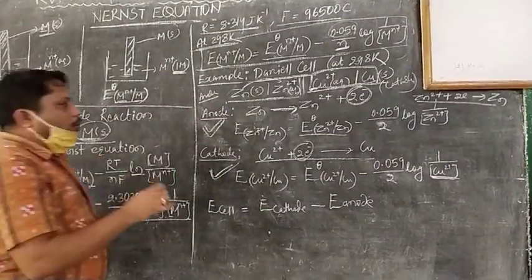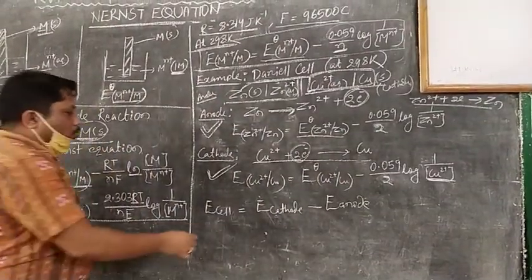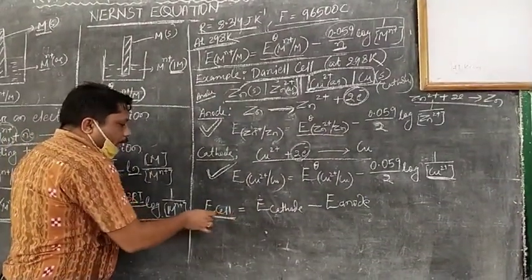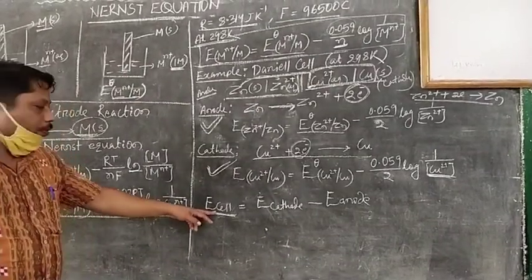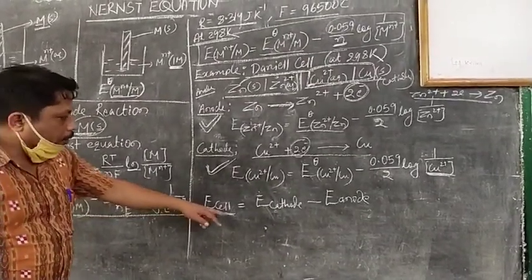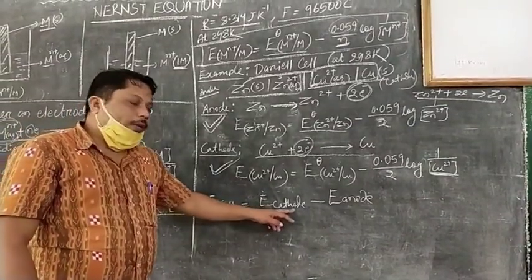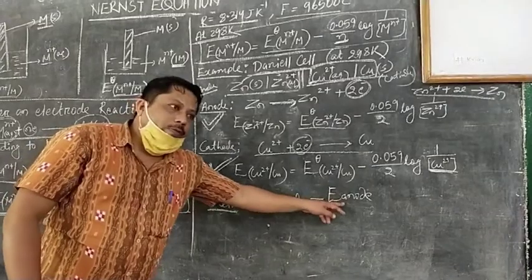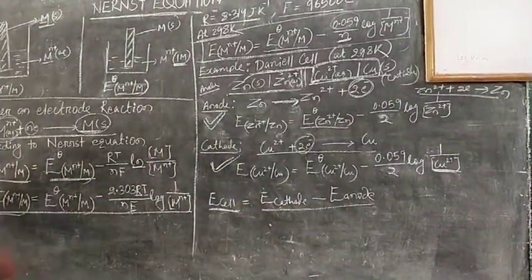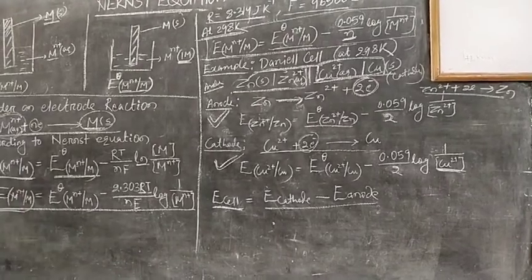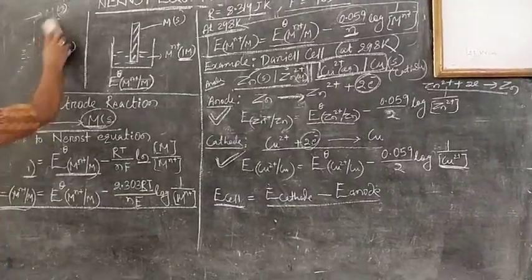Now we have to write the Nernst equation for a cell. You know how to find the cell potential: the cell potential is equal to the electrode potential of the cathode minus the electrode potential of the anode. This you have already discussed in the previous class. Now we substitute these values and find the cell potential of the Daniel cell.